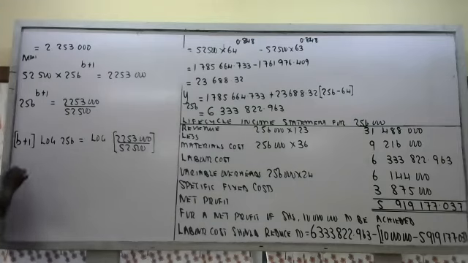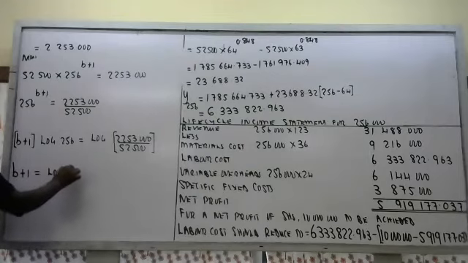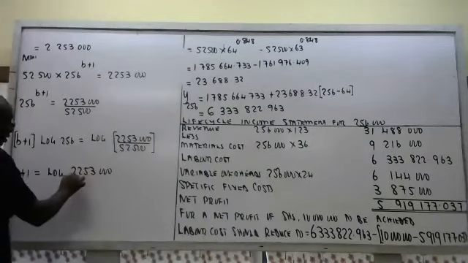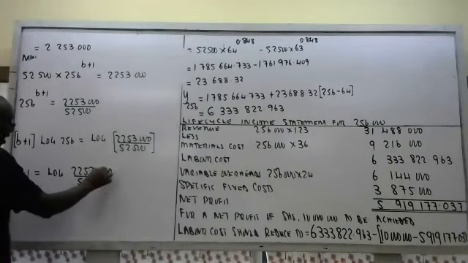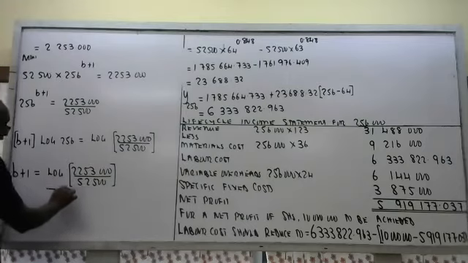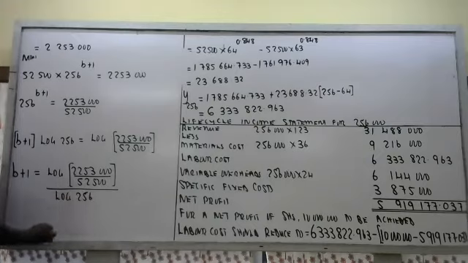So b plus 1 is the logarithm of 2,253,000 divided by 52,500, and the whole of this divided by the logarithm of 256.